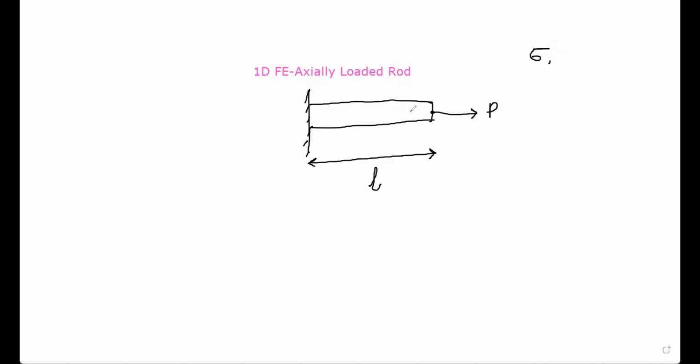How does the stress vary inside the rod? What about the strain in the rod? As you move across the length of this rod, how does the strain vary? How does the deformation in the rod, U, vary? This also we have to talk about. And we have to talk about the normal reaction that is generated over here.